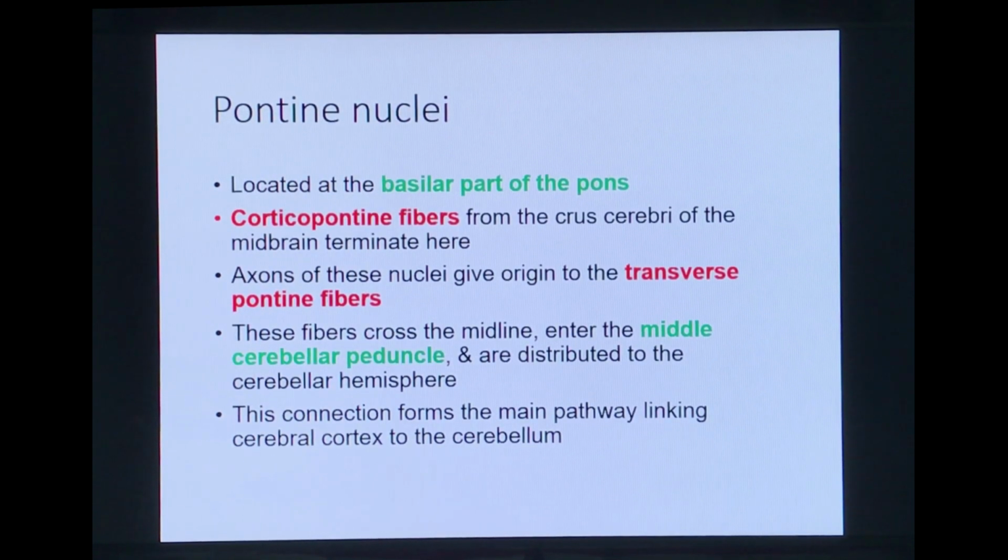Now coming to the basilar part of the pons, you will be seeing many nuclei over there. Those are the pontine nuclei, which are located at the basilar part of the pons. These nuclei receive corticopontine fibers from the cerebral cortex, some of which come through the crus cerebri of the midbrain.